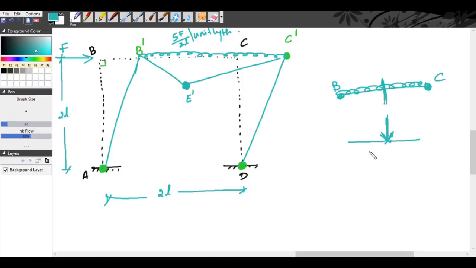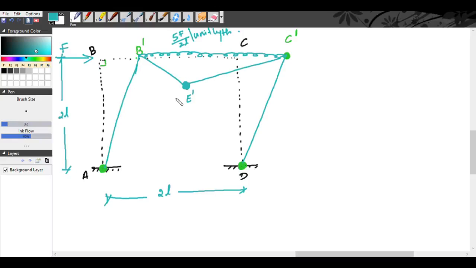But here, since it is subjected to UDL, the maximum bending moment will not occur at the mid of the span because there is no hinge at B, there is only a hinge at C. That means the bending moment will occur at some place but not at the mid of the span BC. So you have to find at what point your maximum bending moment will occur.